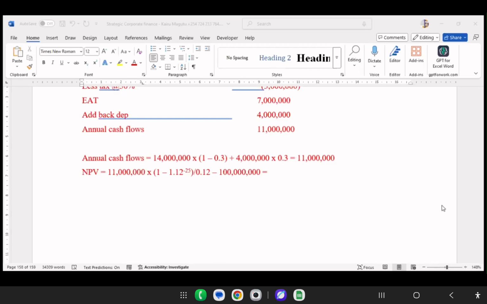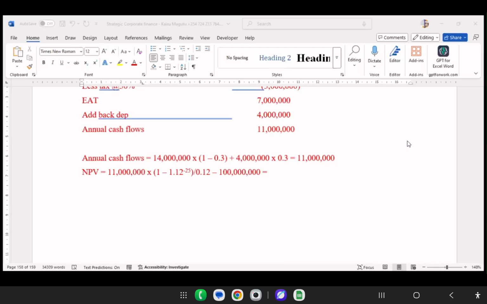What is the problem? What is the annual cash flow? Whoever says that you have made a mistake on the annual cash flow, please let us know where the problem is.